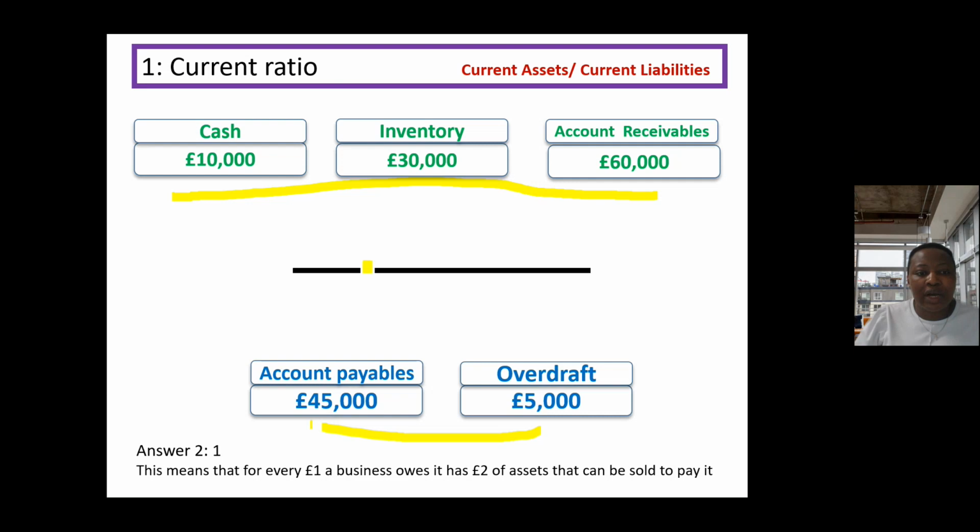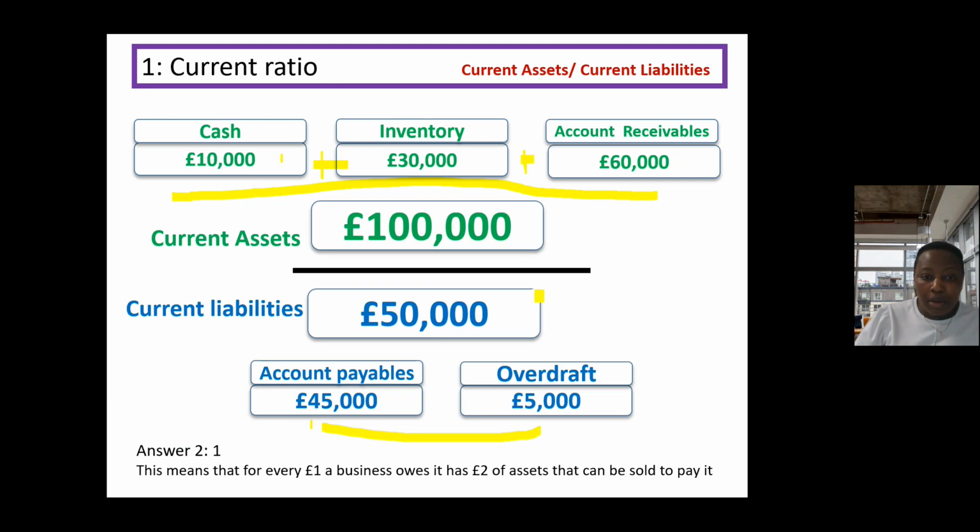What we want to do is add your 10,000 with 30,000, that gives us 40,000, and you add it with 60,000, and that gives you 100,000. So current assets is 100,000. We add up also the current liability, which is 45,000 plus 5,000, that gives us 50,000. Our current ratio, therefore, is 100,000 divided by 50,000, and that should equal 2.